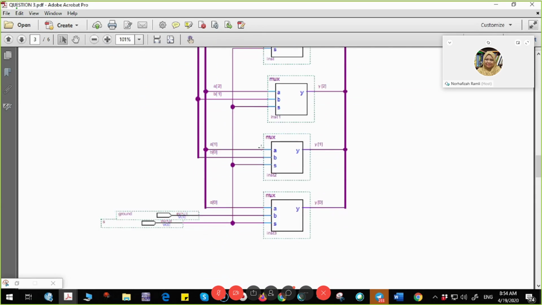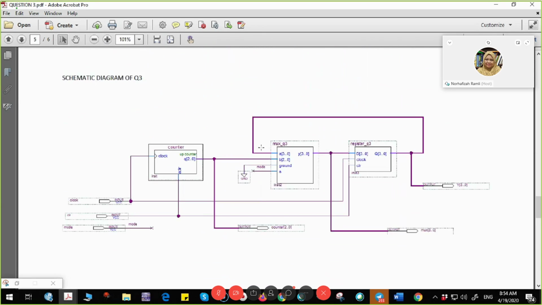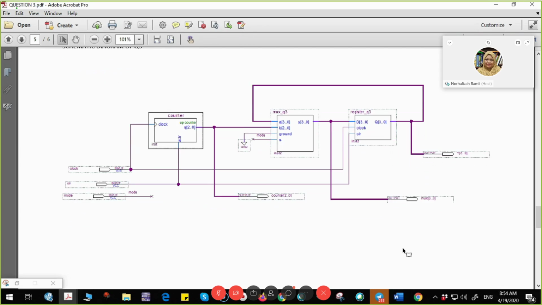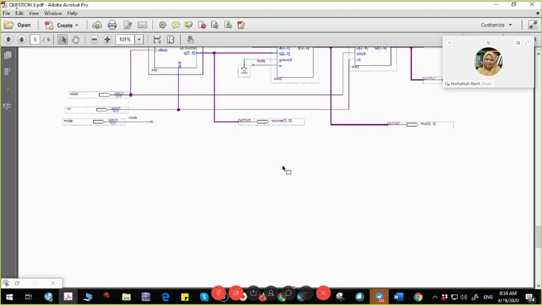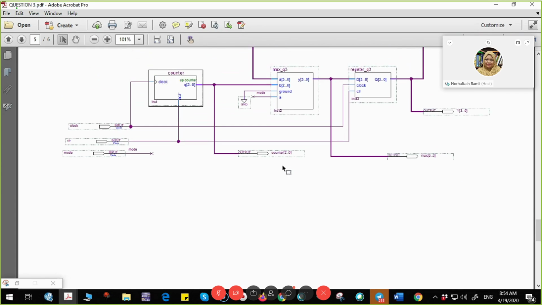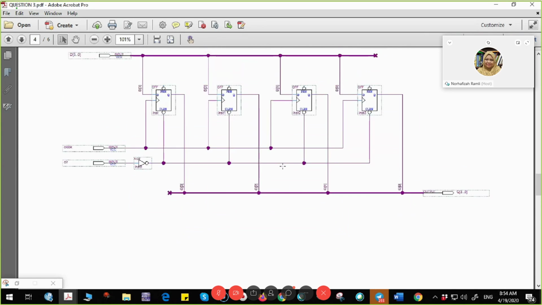Marks in question 3, and then what? So you have the counter, you have the register, right? Good. Then what do you get? Okay. Who is this? Zhang Hao. Okay. So which one you want to show me first?